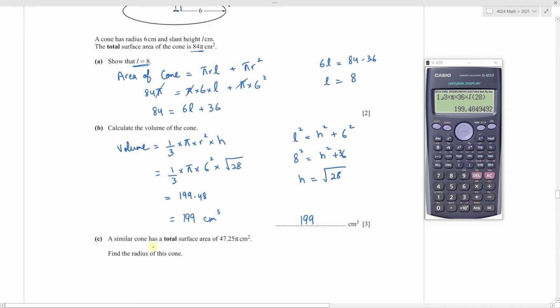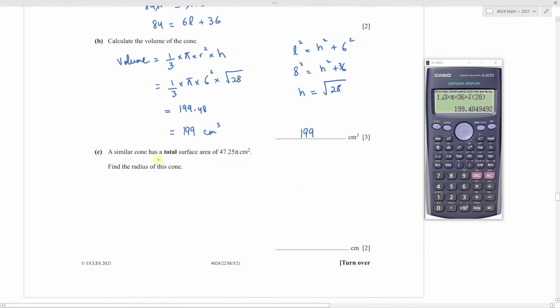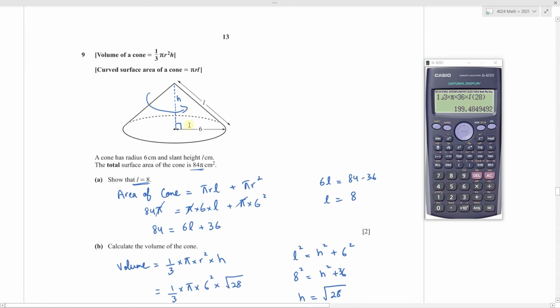The next part is a similar cone has a total surface area of 47.25 pi centimeter square. Find the radius of this cone. Since it is a similar cone, that means the ratio of the area of this new cone and the cone that we are given above in this question will be the square of the ratio of one of their dimensions, either height, radius, or the slant height.